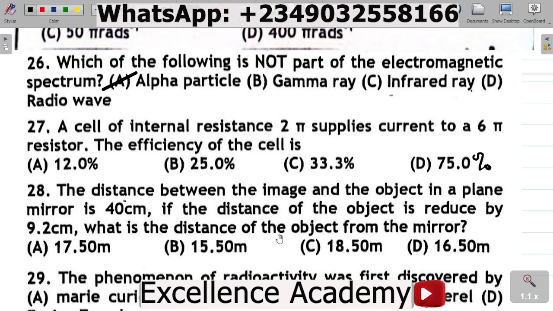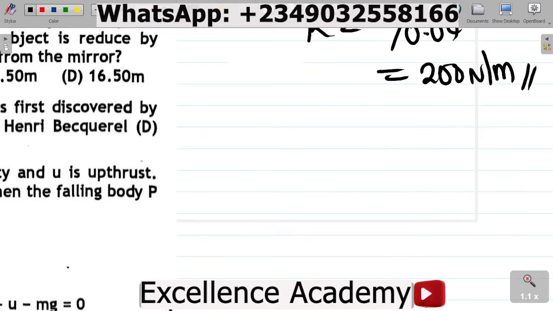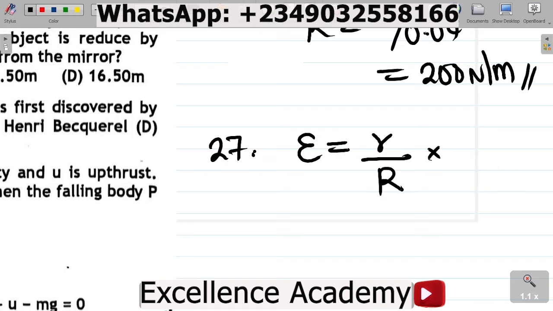For 27, you want to note that the internal resistance determines the maximum current that can be supplied to a particular cell, all right? And for this, the formula we use is that the efficiency is equal to small r all over capital R times 100%.